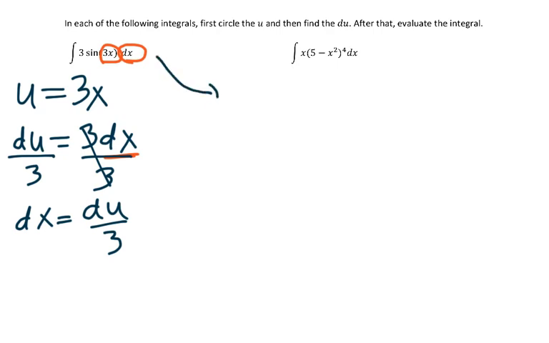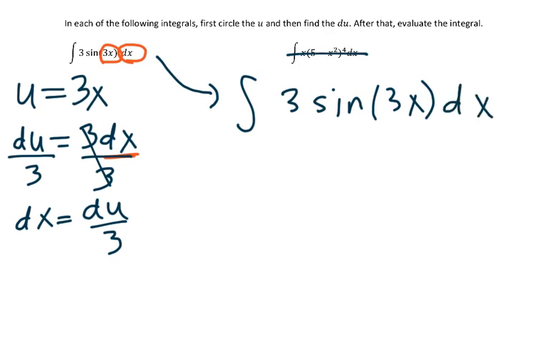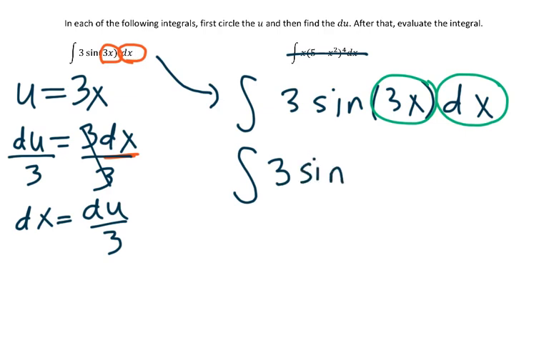I'm going to move this over so I have some room. We'll do this one on the next one. Alright, so let's make sure we know how this is helpful. I'm going to substitute the 3x, but I'm also going to substitute the dx. So if I do that, I have 3 sine of u, because that's what we said our u was.